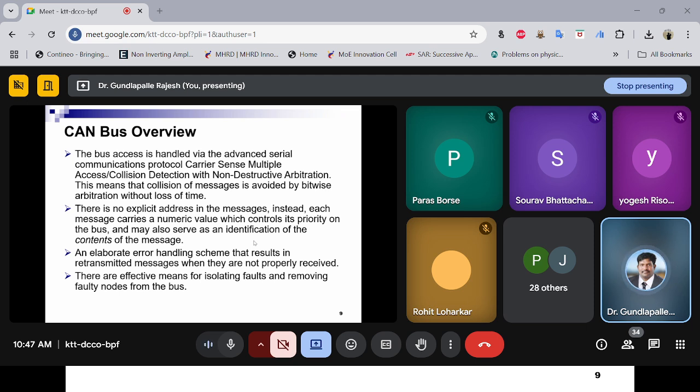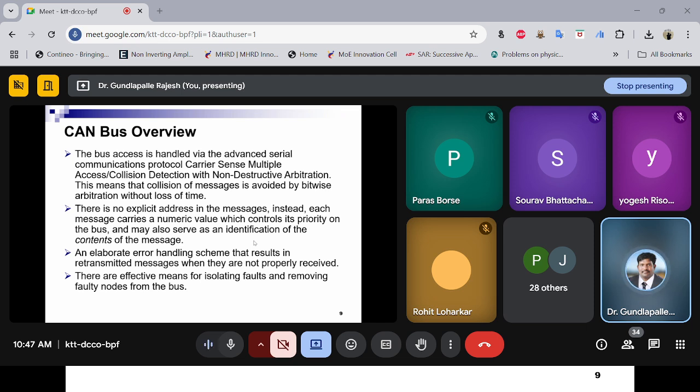So this bus will handle the serial communication protocols with carrier sense multiple access with collision detection. Carrier sense means it will first sense the medium, which is free. If it is free, the data will be captured, and during this process, if the same data is being accessed by some other application or protocol, the data collision occurs.